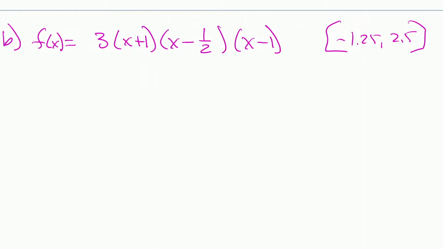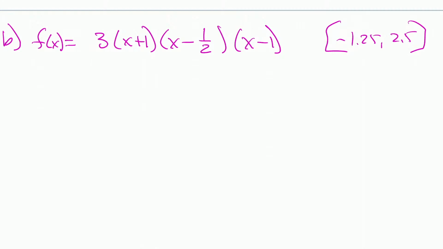So this function has 3 roots, obviously: x equals -1, x equals 1/2, and x equals 1. So you already know what the answers are. That's kind of helpful because you know that it has answers. But let's see what happens when we try punching this in.